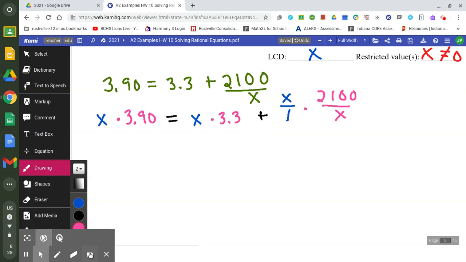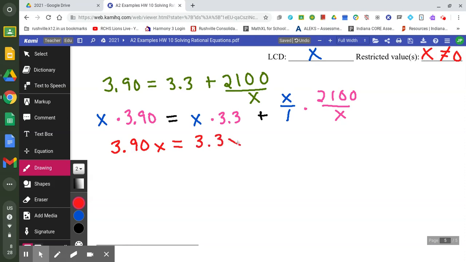Okay, so now I'm ready to simplify. So x times $3.90 would be $3.90x equals, and then I've got x times 3.3, so 3.3x plus, and then this x cancels, that x cancels, 2,100. I'm going to solve for x, so I'm going to subtract 3.3x on both sides of the equal sign.